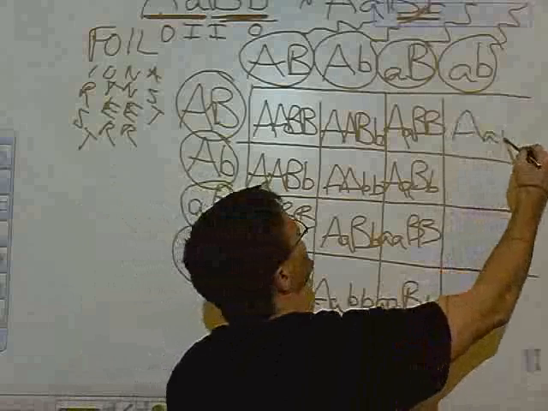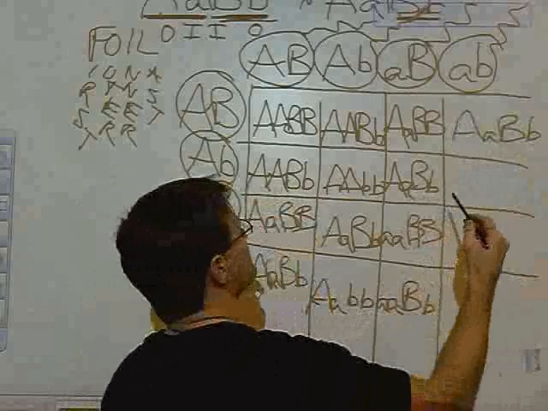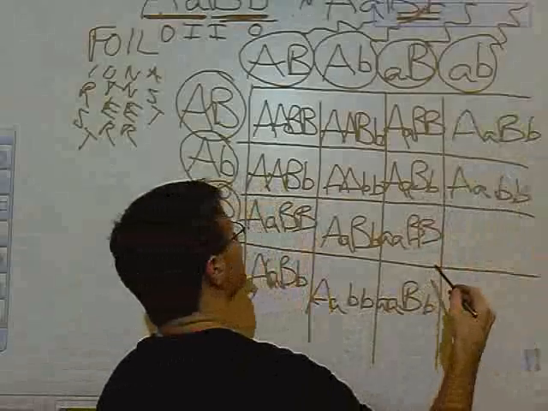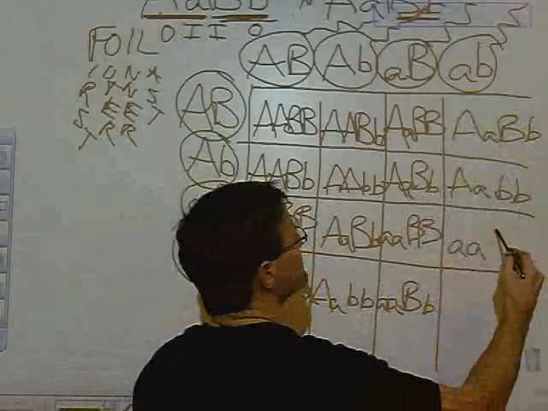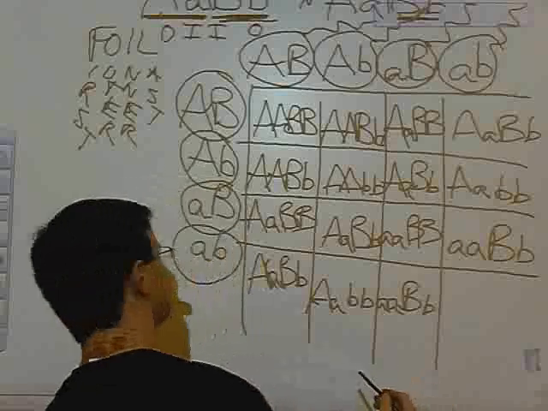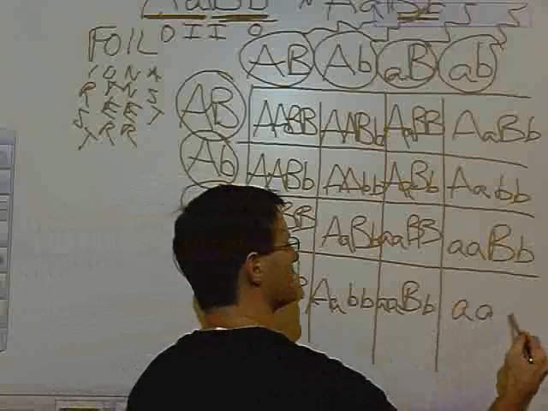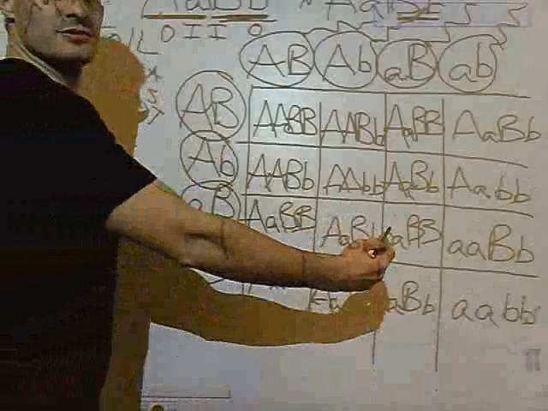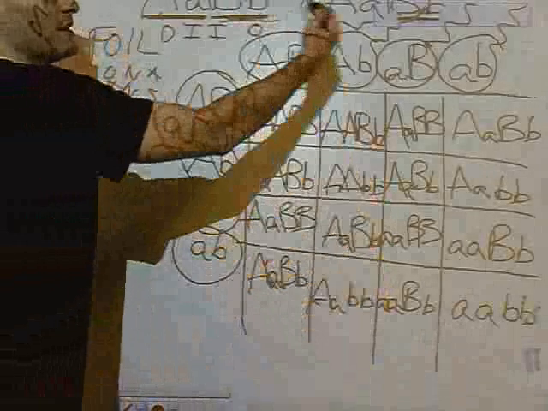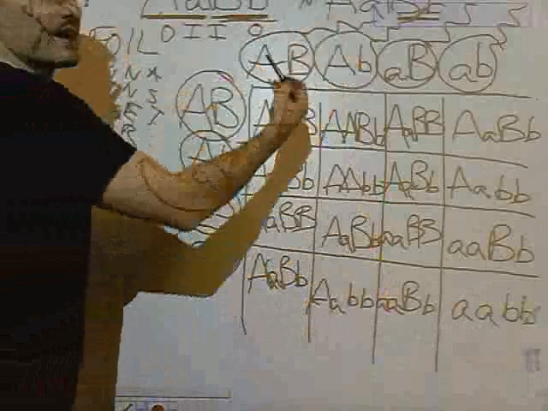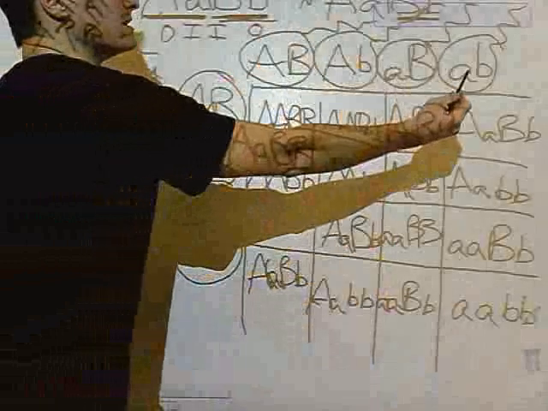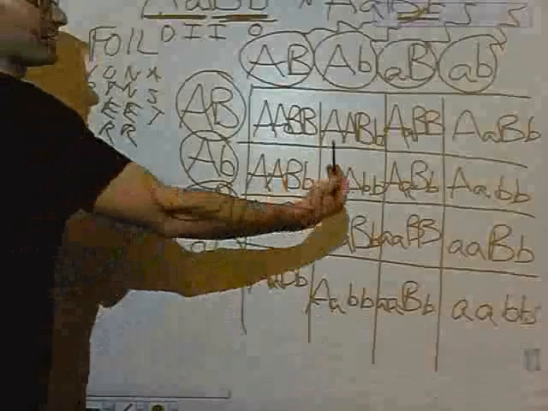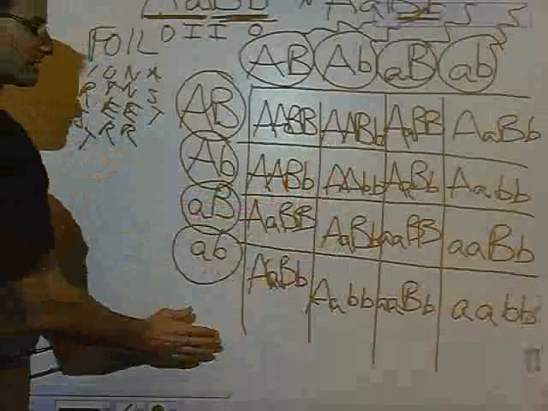So all of my offspring have the same order of letters, different capital lowercase, in most cases, compared to the parents, but all in AB order. 2 A's, 2 B's. So, again, to know if you're doing this right, all of my offspring have 2 A's, 2 B's. Both of my parents have 2 A's, 2 B's. They gave half the genetic information, 1A, 1B, each one gave 1A, 1B, so that my offspring all have the correct amount of genetic information.